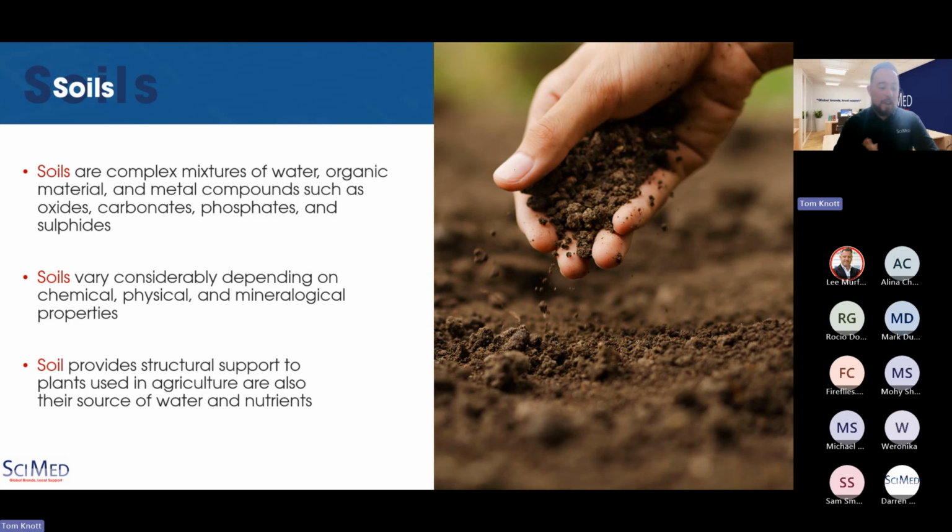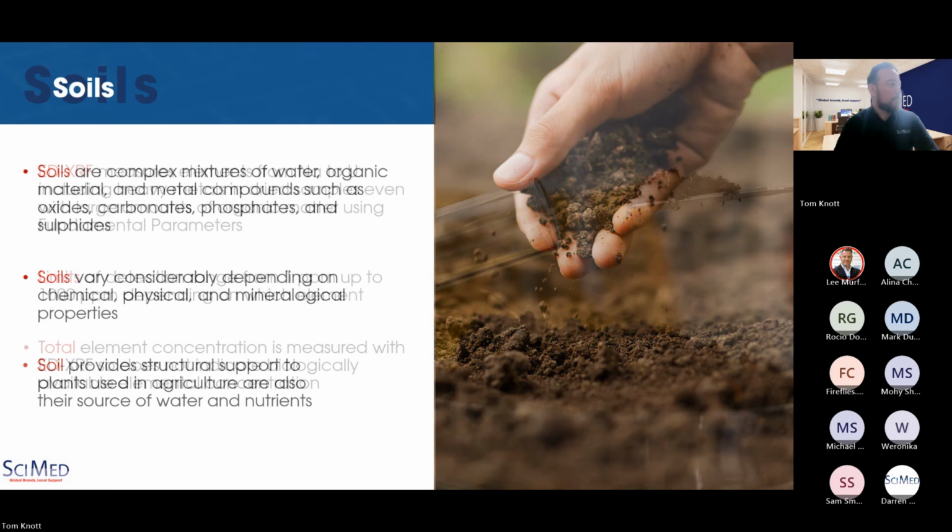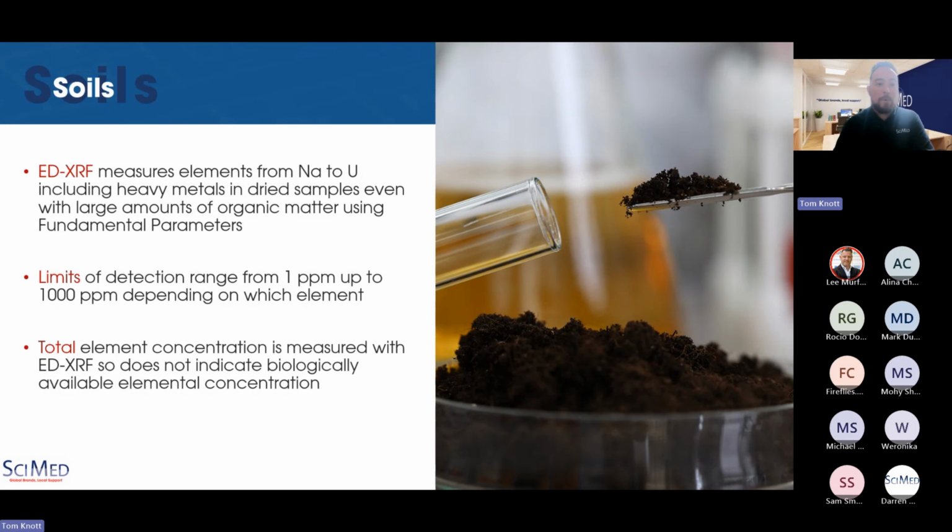And where XRF can lend itself to this is in giving you a way of being able to monitor elements right the way from sodium all the way up to uranium in staggering cases, but importantly on a wide range. So detection limits for XRF, certainly in organic matrices for things like soils, range from single-digit parts per million at the lower end to maybe thousands of ppm on the lightest of elements, but right the way up to tens and right up to 100%.